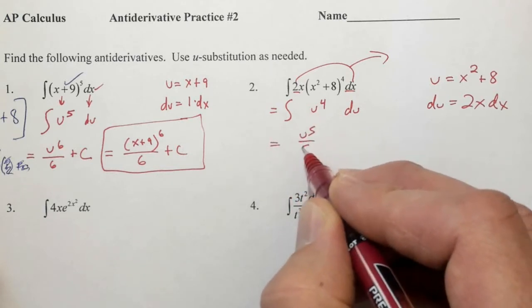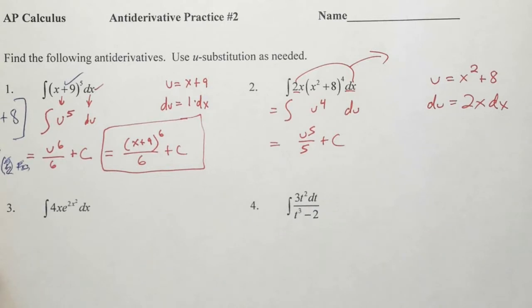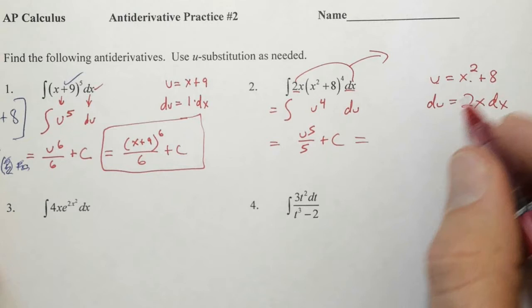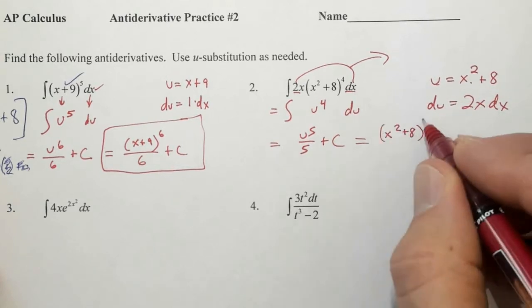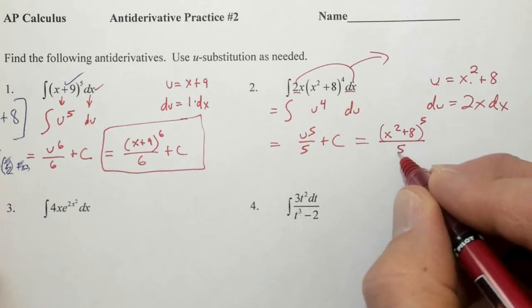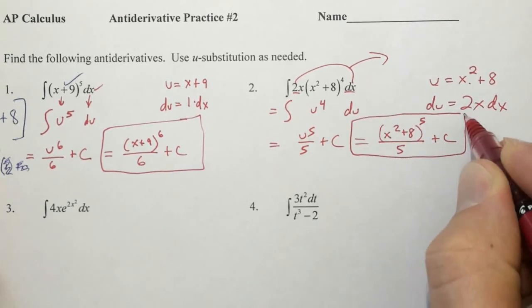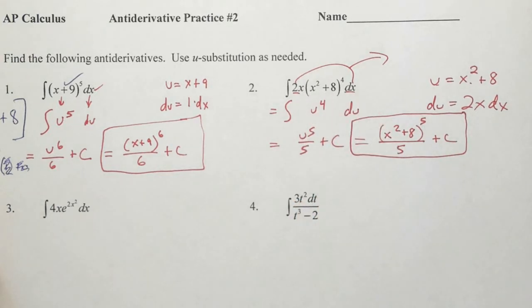Add 1 to the exponent, divide by that new exponent, and add in your arbitrary constant. Finally, replace u with the x expression. So we have (x squared plus 8) to the 5th power over 5 plus c. And again, if you derive that, you will end up with this expression right here through the use of the chain rule.